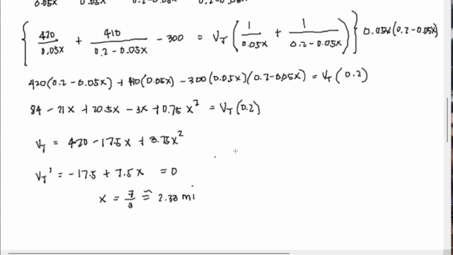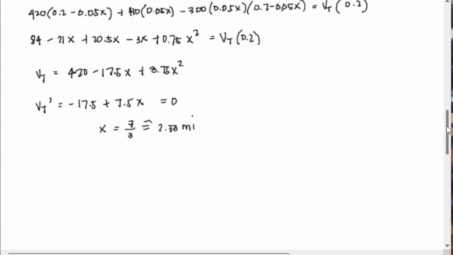Now that we have x na, makuha natin yung VT. So yung VT natin is equal to, from this, 420 minus 17.5 A plus 3.75 A squared, storing x in A. So that would be 399.58.